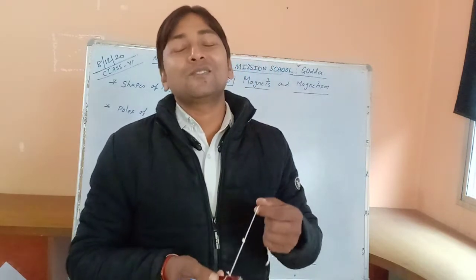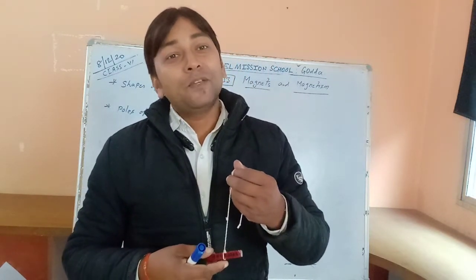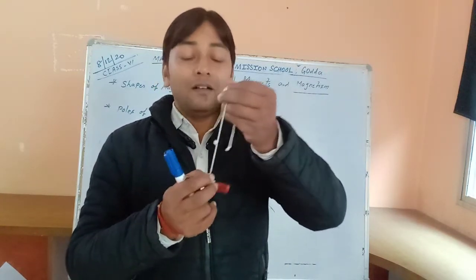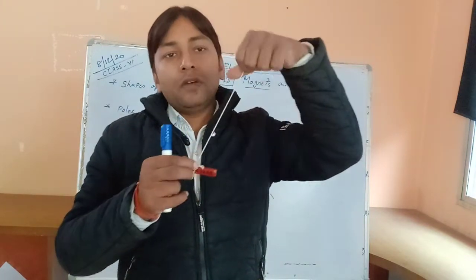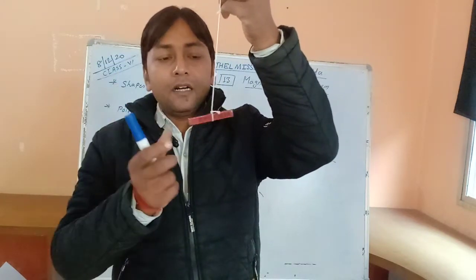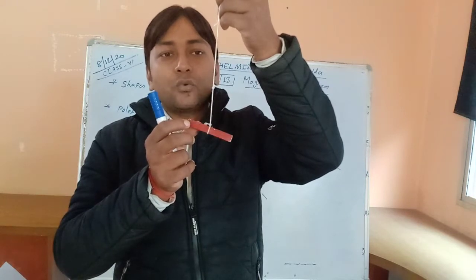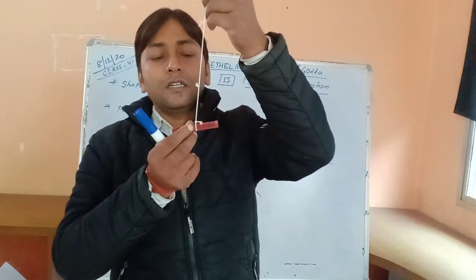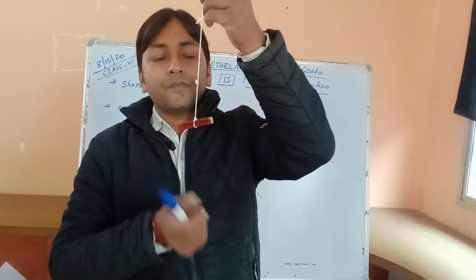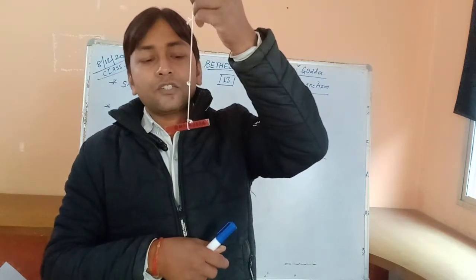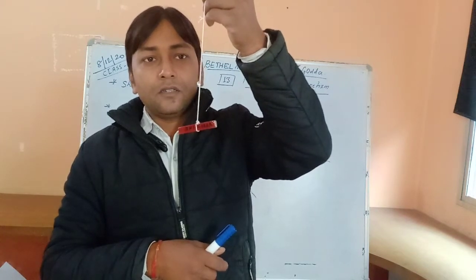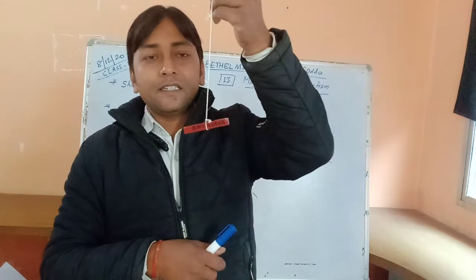So there is one identity: when you take a magnet and suspend it freely in air, it always stands towards the north and south direction, not in the east and west direction. Then you can say that this is a magnet.